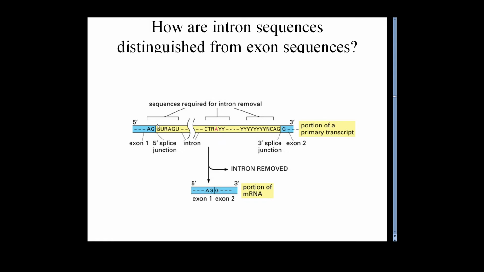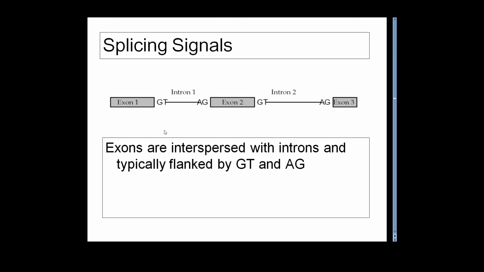And excision begins with, now you can see, GT in DNA, GU and AG in RNAs.